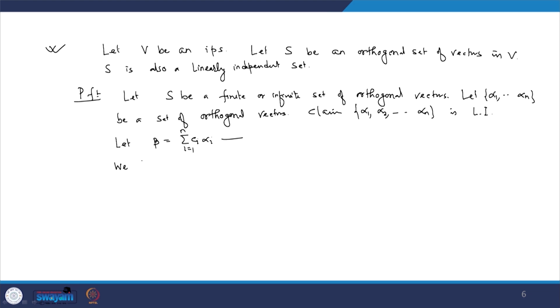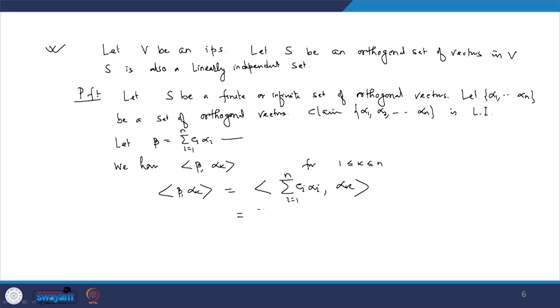We have the inner product of beta and any alpha k, for 1 less than or equal to k less than or equal to n. The inner product of beta and alpha k equals the inner product of sigma C I alpha I, I equal to 1 to n, and alpha k. So, this is equal to sigma C I times the inner product of alpha I and alpha k.